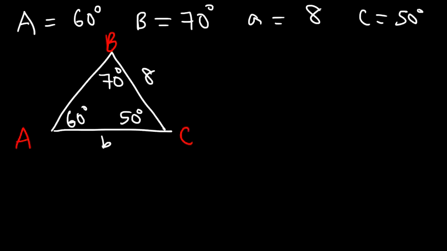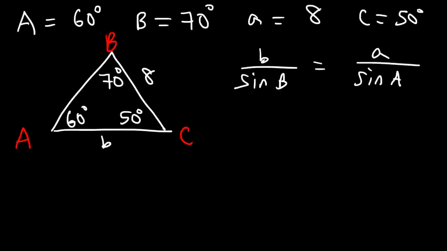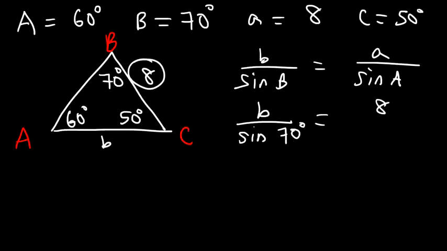Let's solve for B. So we're going to use this portion of the law of sines: B over sine B is equal to A over sine A. The law of sines has three fractions, but you only need to use two out of those three fractions at any given moment. Now let's go ahead and plug in what we have. We don't have the value of B, but we know that angle B is 70 degrees. Side A is 8, and angle A is 60.